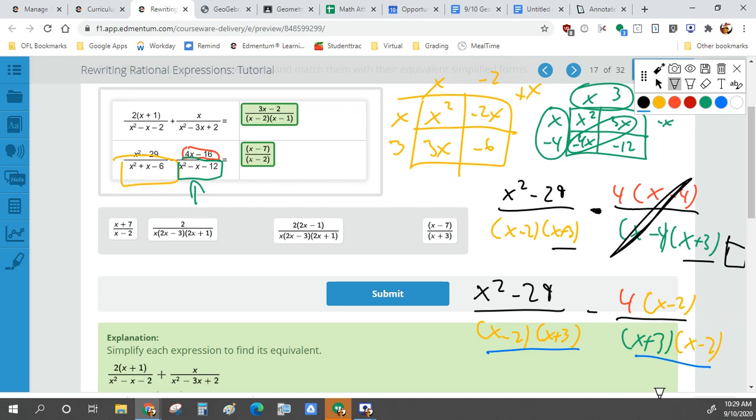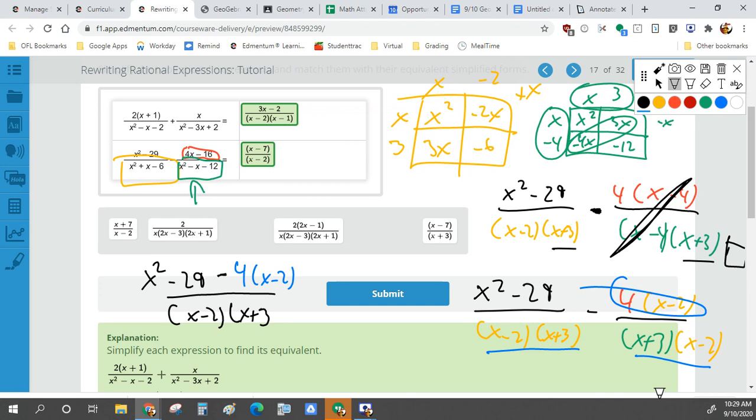So when I rewrite this, I'm going to leave the bottom as x minus 2, x plus 3. And now on the top, I'm going to bring this negative over. And I'm going to bring over, I'm going to put it in blue, 4 times x minus 2, which is this. And I'm going to bring over my x squared minus 29.